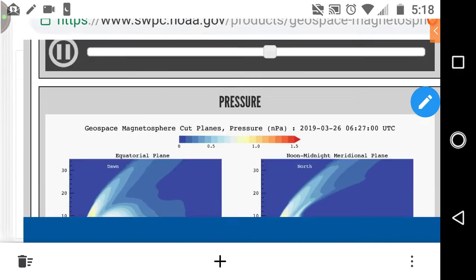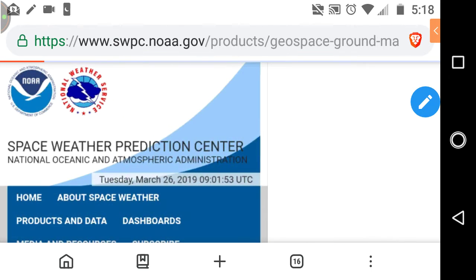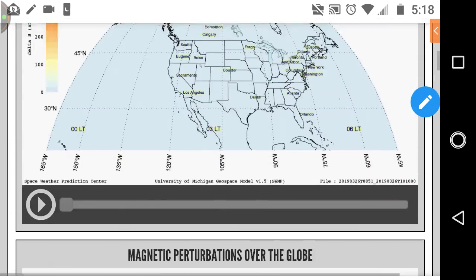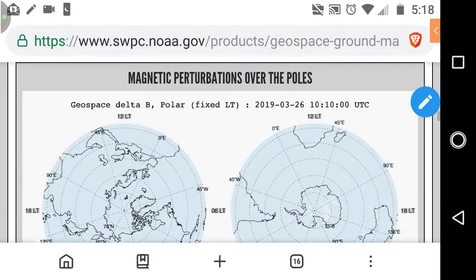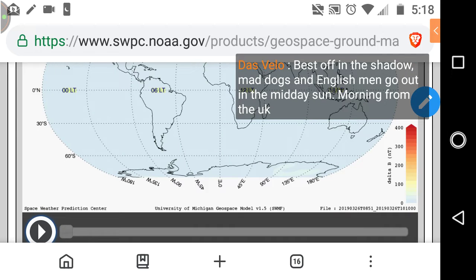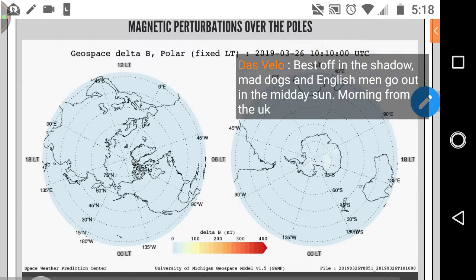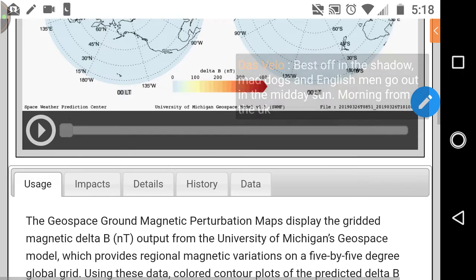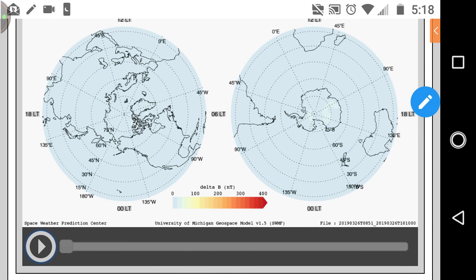And let's look at the geospace ground perturbations, as I haven't looked at these for a while. First, we'll look at the poles, and then we'll look at the full globe, as this is where the Birkeland current sheets arrive.